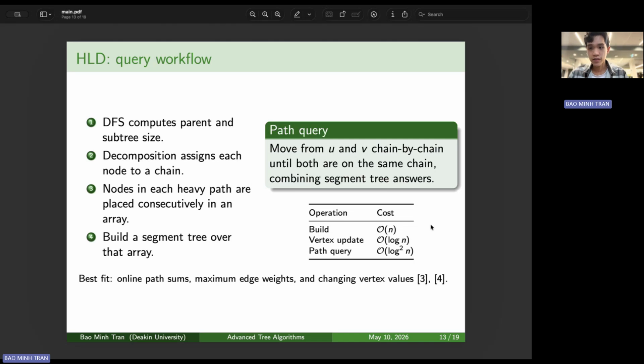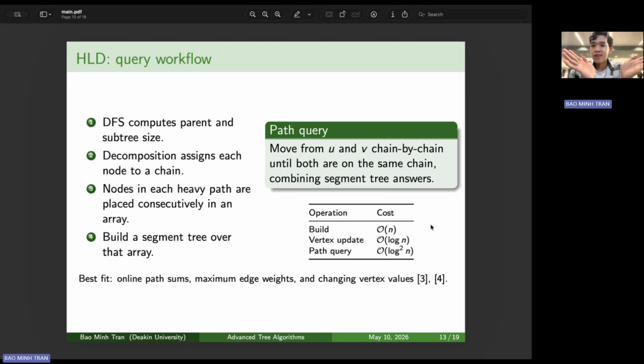So here we just do a very simple thing. We use DFS as usual, but what makes it efficient is that we can compute over the heavy path in logarithmic time instead of linear time.